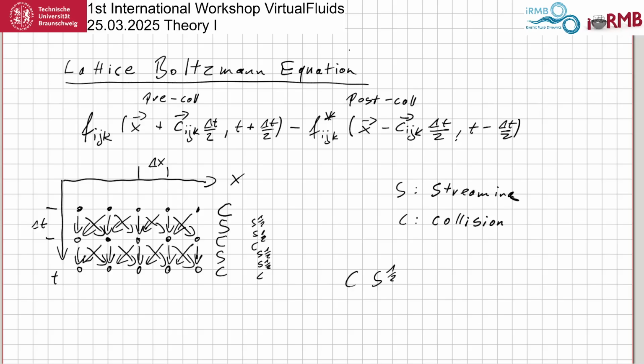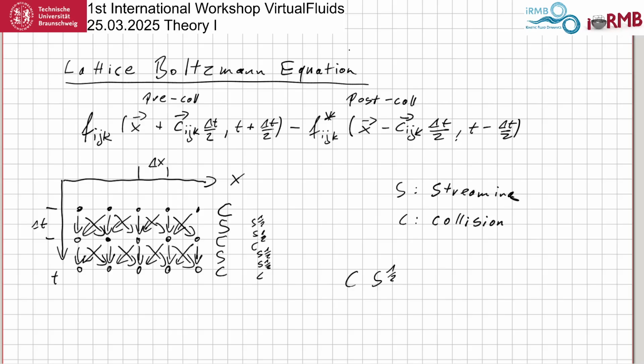Actually, Paul Dellar first said, I cannot split up the streaming, so I tried to split up the collision, which also works. So his idea was there's a streaming, then there's 1/2 a collision, and then another 1/2 collision, and then another streaming. And I said, why don't you split up the streaming? He asked, well, how should I split up the streaming?